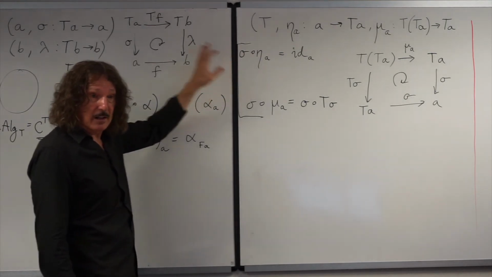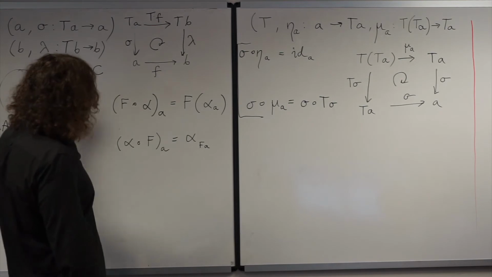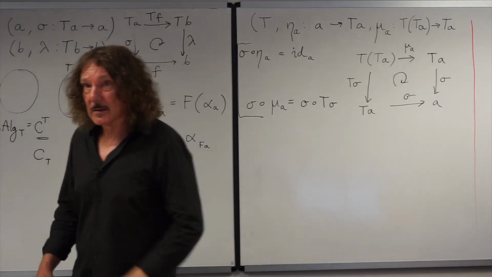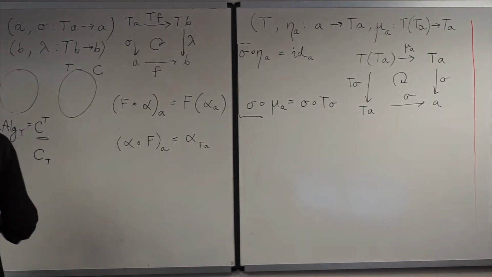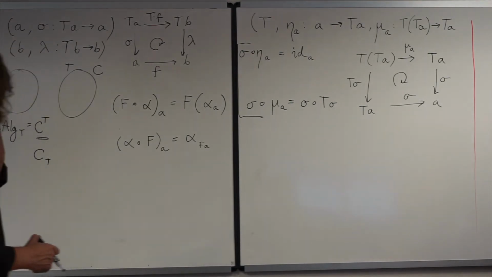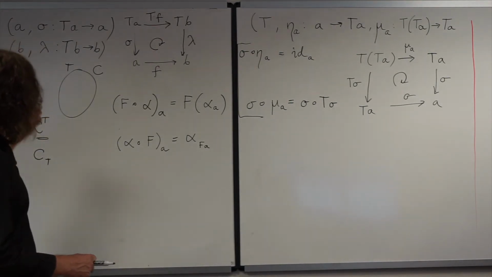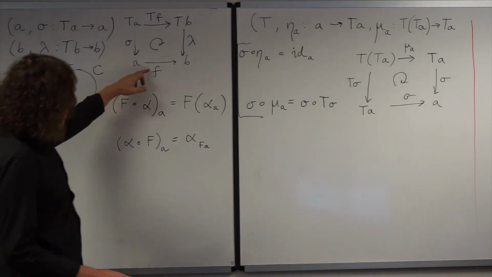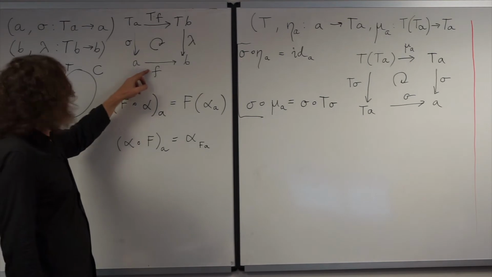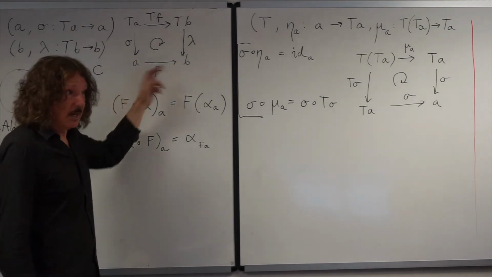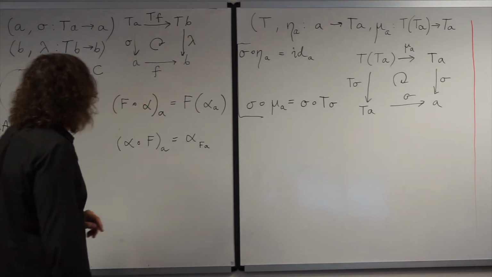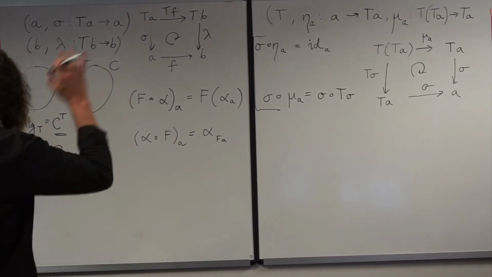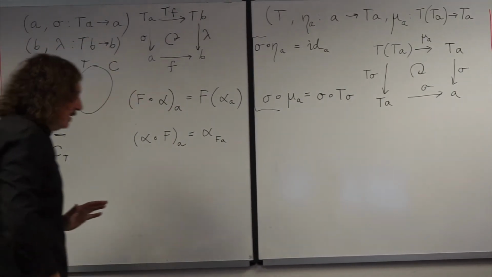Every algebra in that category satisfies these coherence conditions for this particular monad. And of course we have morphisms in this category C^T, which are morphisms between algebras that satisfy this condition. So we have to keep all of this in mind.